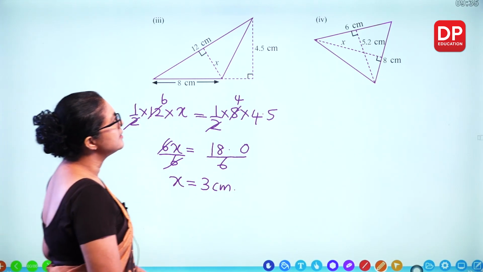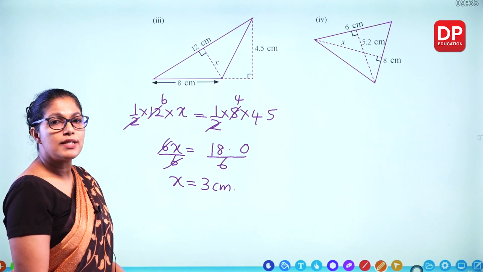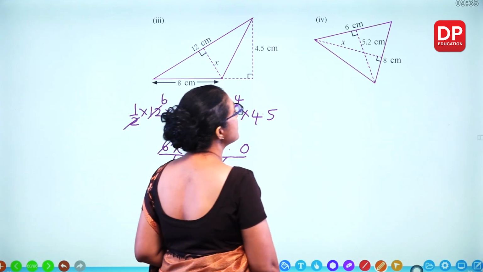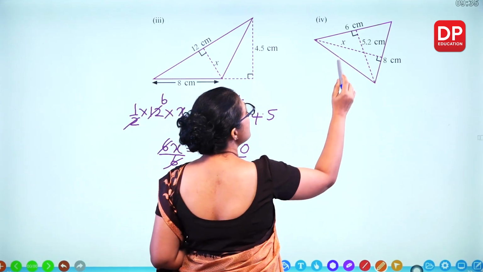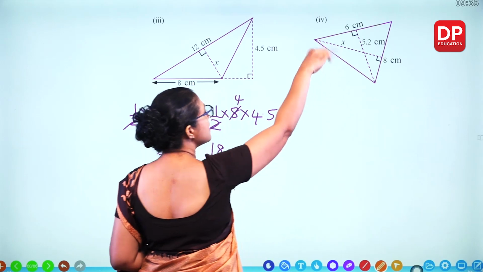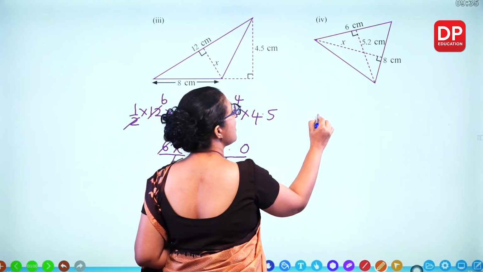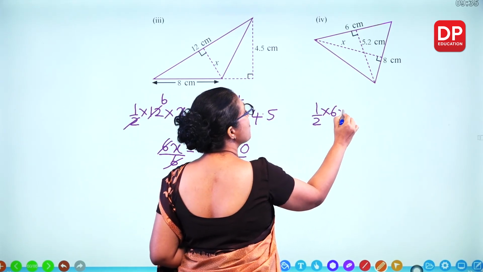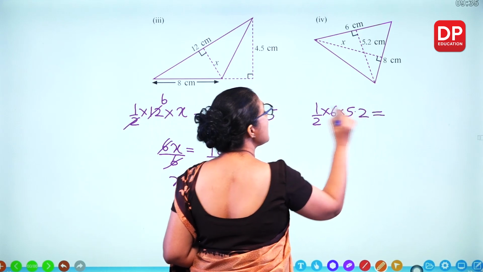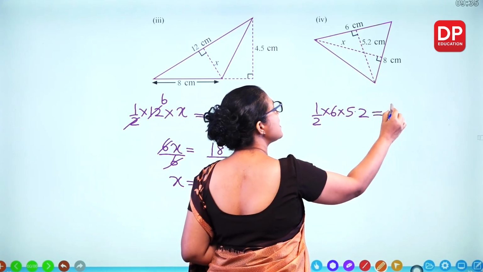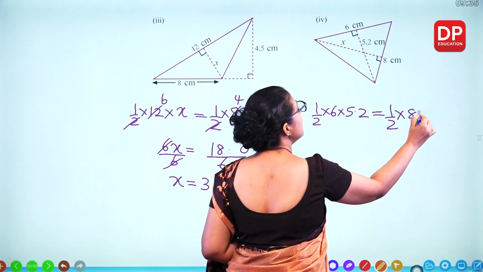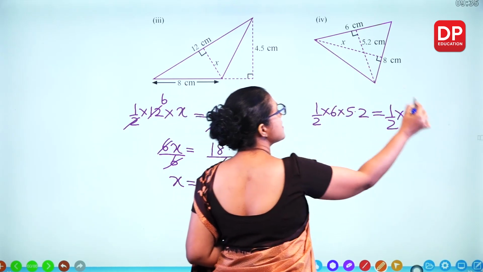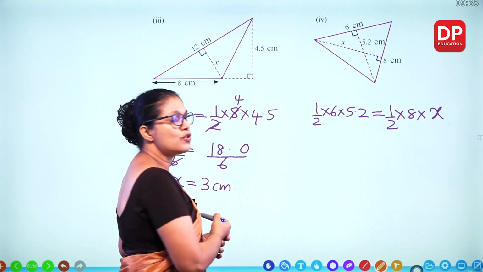This triangle, again you can use the same method. Area of the triangles are equal. If you take 6 as the base, 5.2 is the perpendicular height. 6 into 5.2 is the same as if you take 8 as the base and perpendicular height is x, you can write half into 8x.